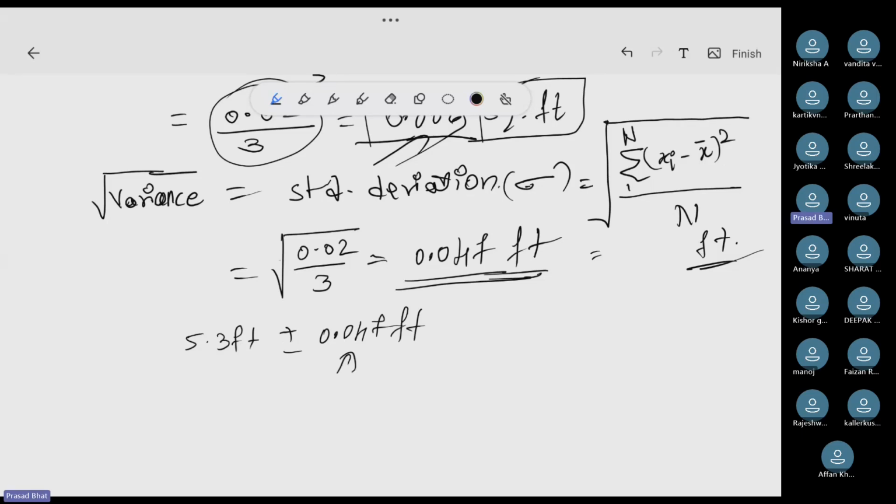It has given you a little bit of headroom. The errors are incorporated in this particular range. This is what standard deviation is.